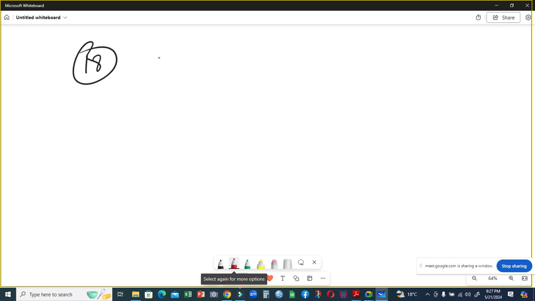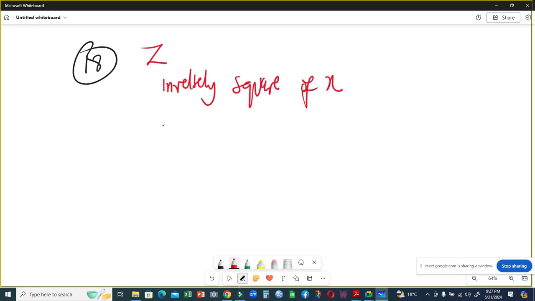So we have z. This z varies inversely as the square of x, and then directly as y. So we need to write this into mathematical language. So now we'll say z varies, with the proportional symbol, inversely.